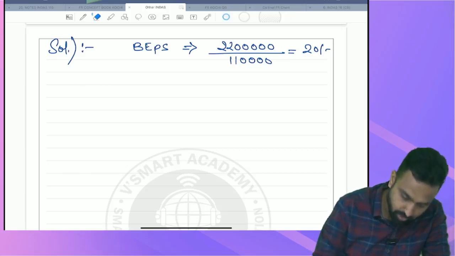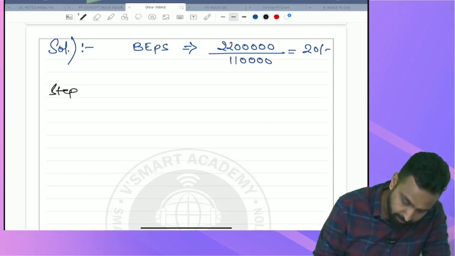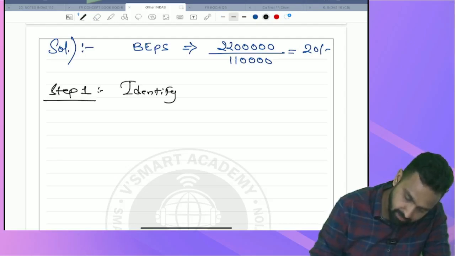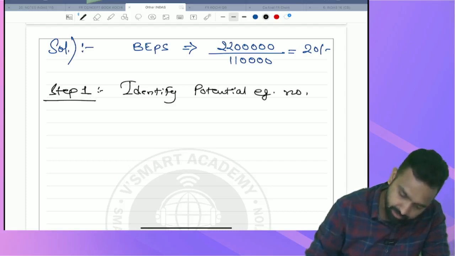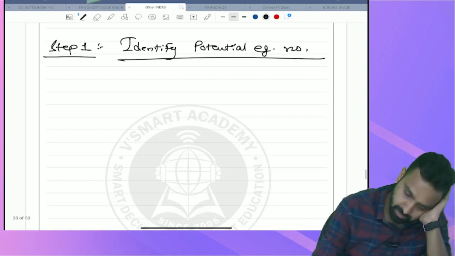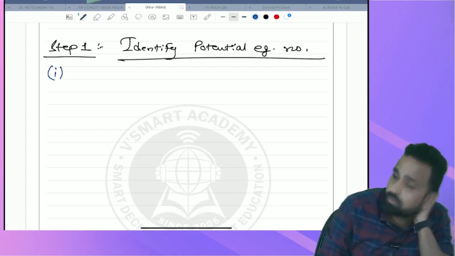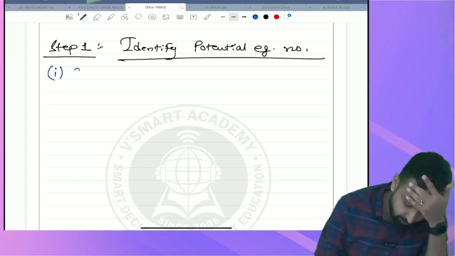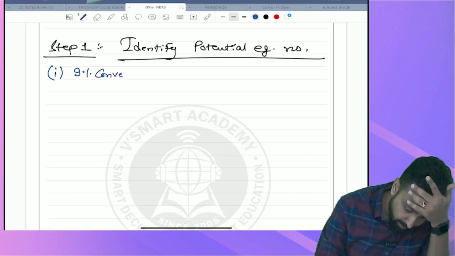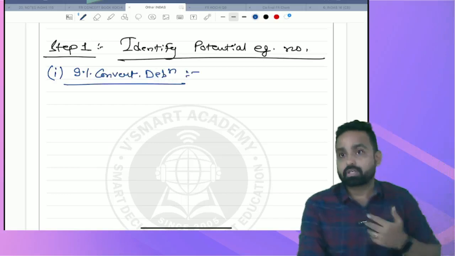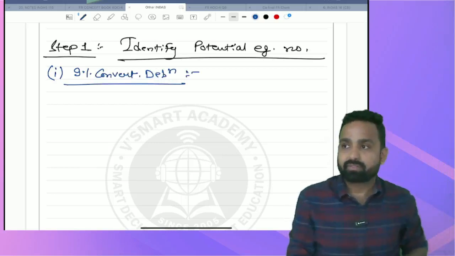Step number 1: identify potential equity numbers. What is number 1 in the example? 9% convertible debenture.